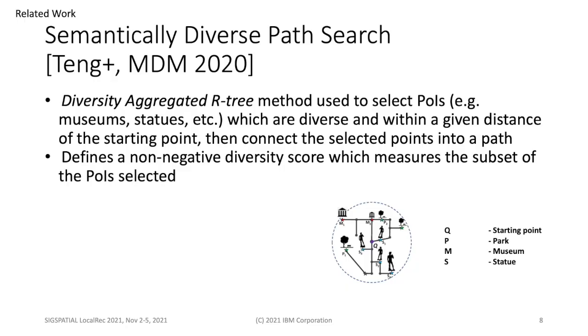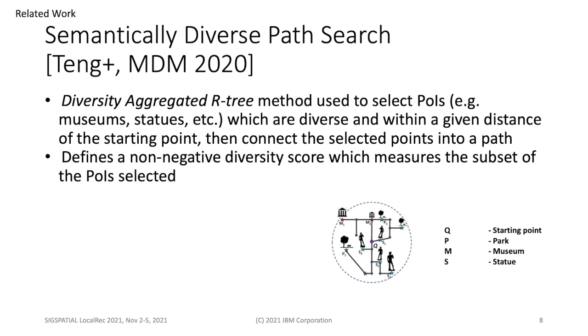Now, considering the related work that exists in this space, we begin by considering the research titled Semantically Diverse Path Search by Teng and colleagues. In this case, the authors use the diversity aggregated R-tree method to select points of interest, such as museums, statues, etc., that tourists might be interested in.